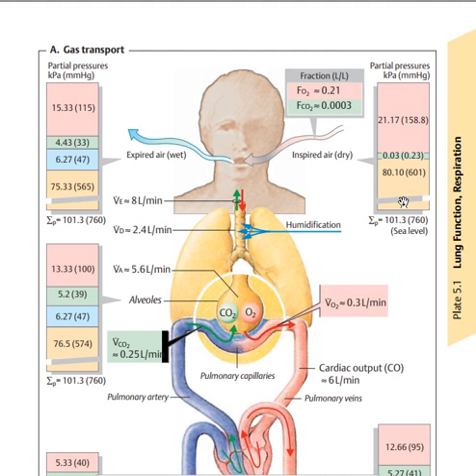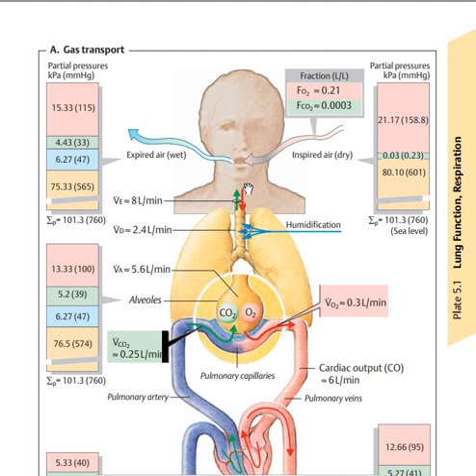So you now have the partial pressures of each molecule. Oxygen has 21.17 kilopascals, carbon dioxide has 0.03, and nitrogen has 80.1 kilopascals.